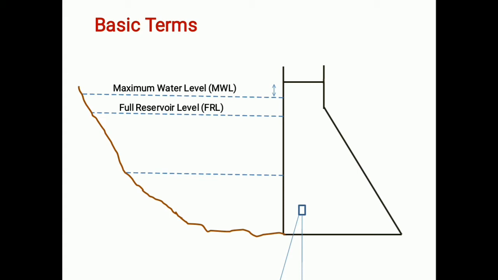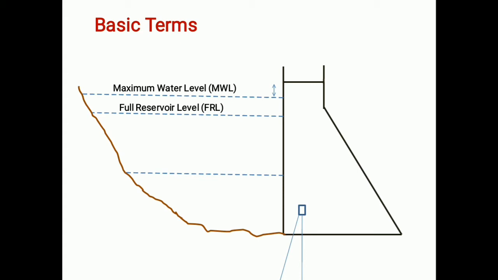The remaining 5 liters has to be absorbed in the reservoir, so there will be a rise in water level. That water level is the maximum water level we can allow. If you pass the same 10 liters through the outlets or openings, then there will not be any increase in the water level. In that case, full reservoir level and maximum water level will both be equal.